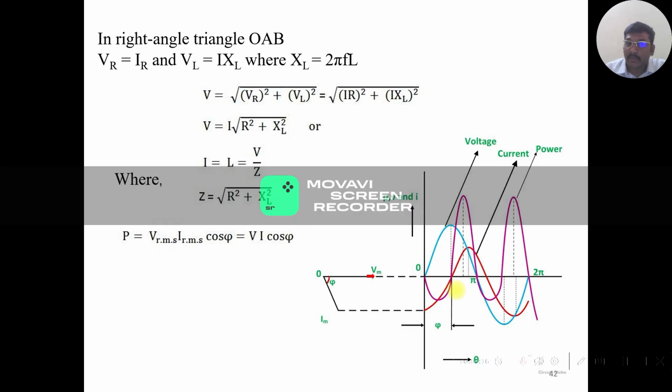And here it is a combination of R and L, so there will be some phase angle difference. That means the phase angle of this RL circuit will vary from 0 to 90 degrees. The current lags the voltage, but the angle may vary from 0 to 90 degrees. So that is the difference between the other circuits.